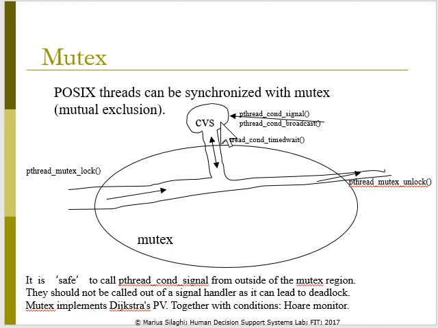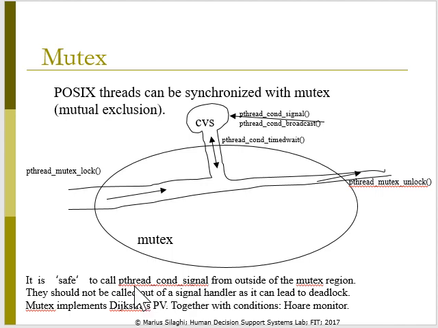If multiple threads are waiting on the variable, one can call pthread_cond_broadcast, which would wake up all the threads waiting there, rather than one by one as performed by pthread_cond_signal. But only one of the threads will be able to enter back in the mutual exclusion area at a time.